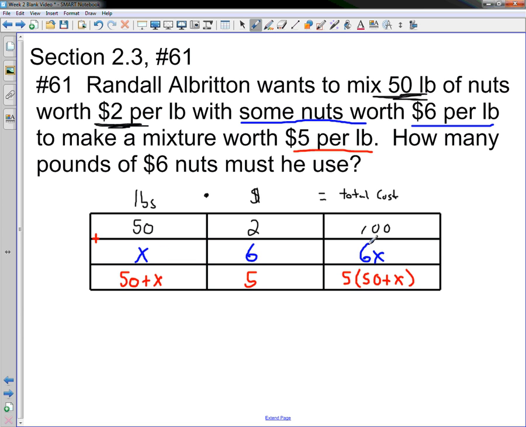Same thing here. We're going to take the cost of the first one plus the cost of the second one, and it should equal the cost of the entire thing, the mixture. So we have 100 plus 6x should equal 5 times 50 plus x.